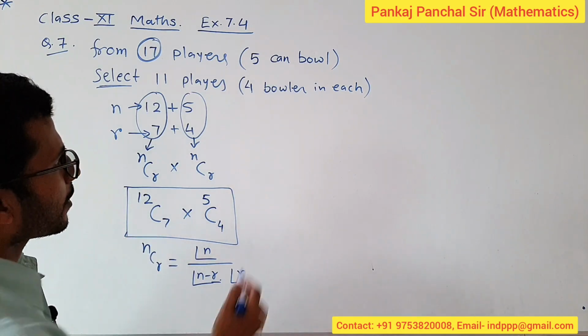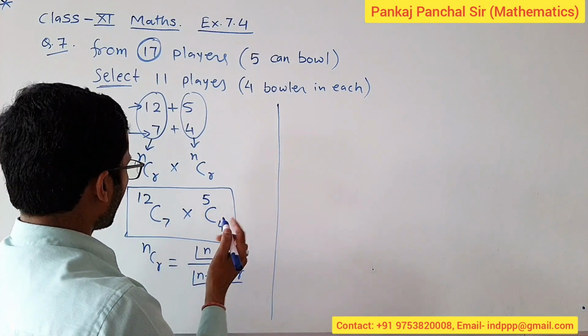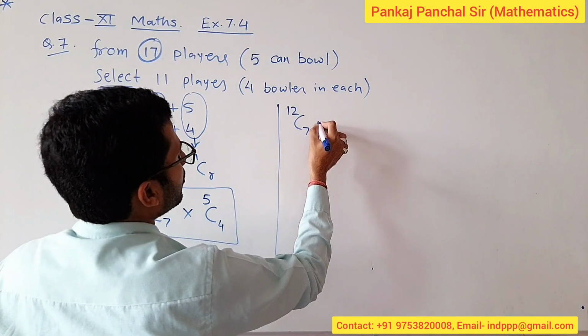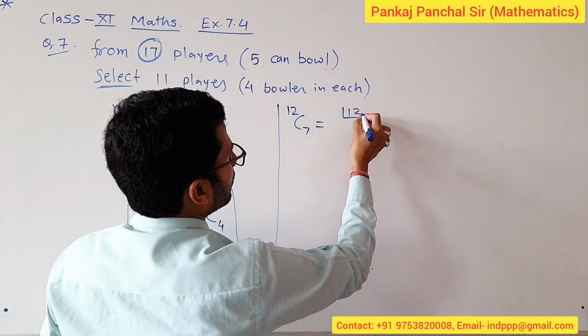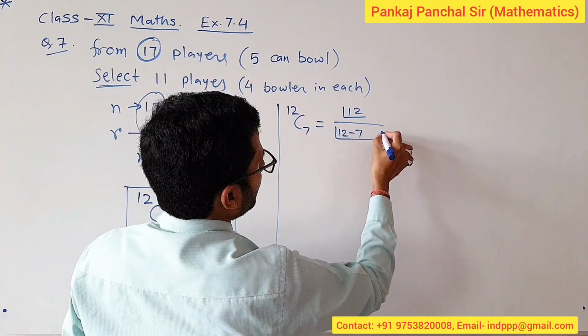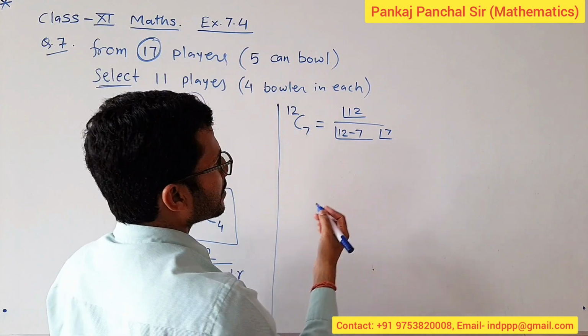Apply that formula here, and for 12C7 you will get factorial 12 divided by factorial 12 minus 7 into factorial 7. Just find its solution.